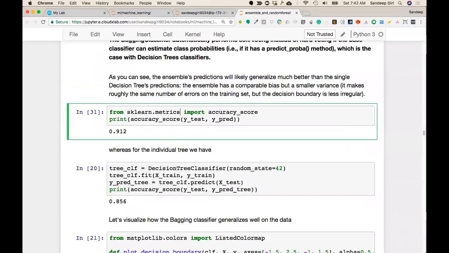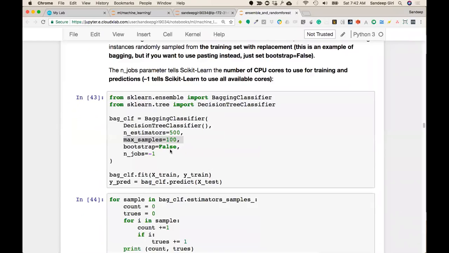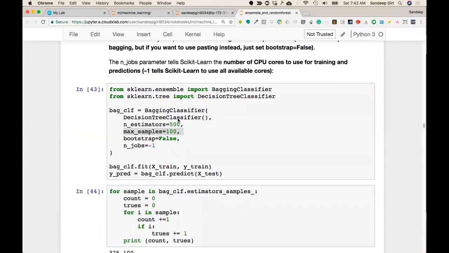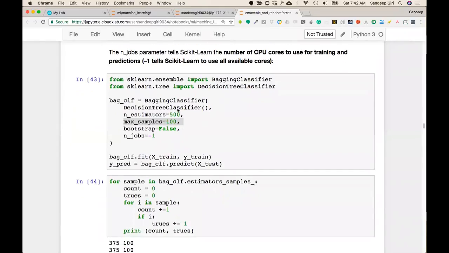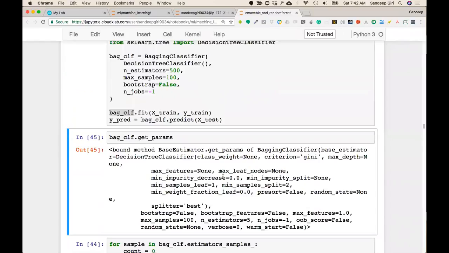A question from Noor is about the get parameters function. Do you mean the one on each algorithm or on the bagging classifier? On the bagging classifier, the get parameters would give us this. So it's giving us all the parameters that it has assumed by default.